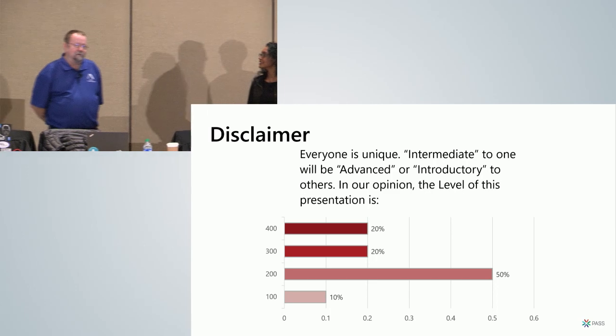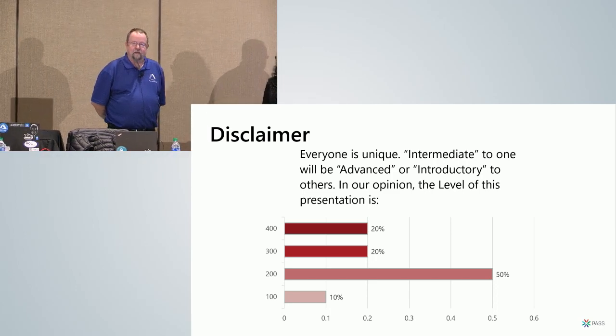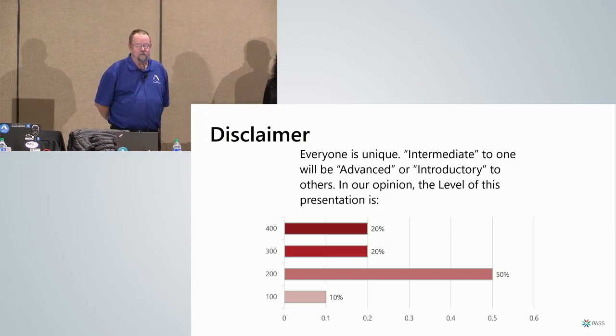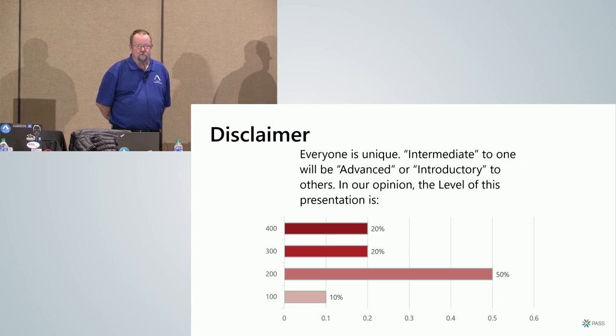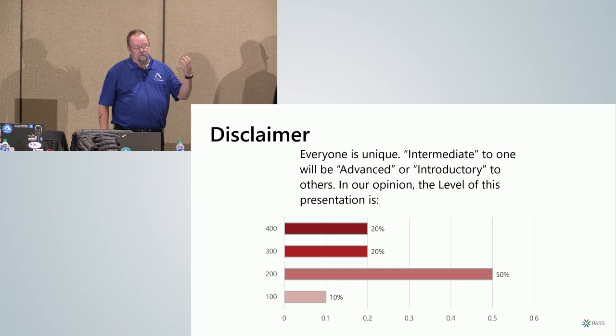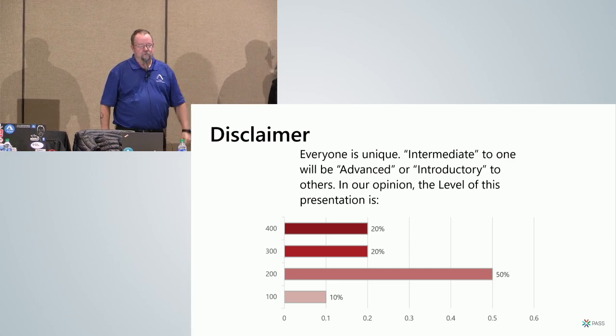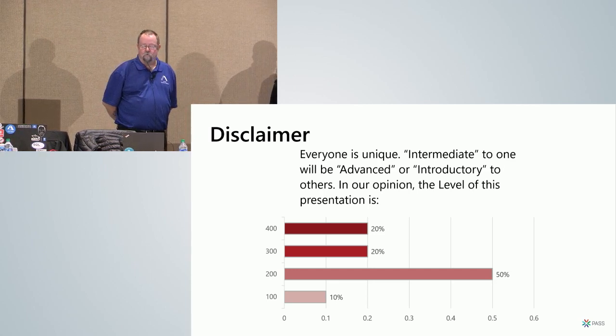Just one note about this. There are these levels that you're going to see assigned to presentations. And I think they're a little unfair because it's really hard to nail this down to a scalar. So what we did was we looked at the levels of material we're going to present here, 100, 200, 300, 400, and we see there's a smattering of all. You may disagree with our levels because some of you have experience working with containers, working with Azure DevOps.